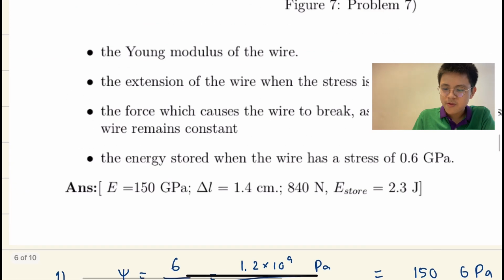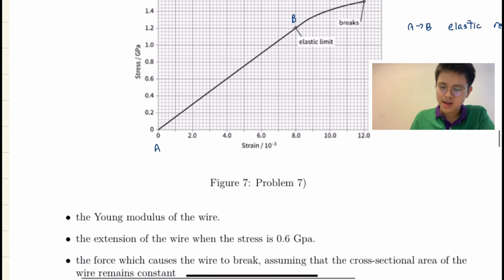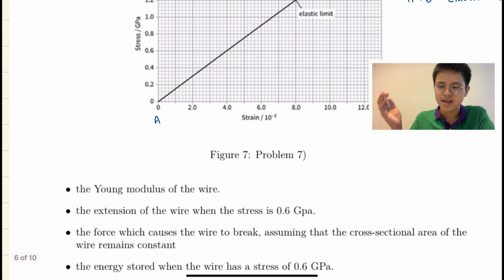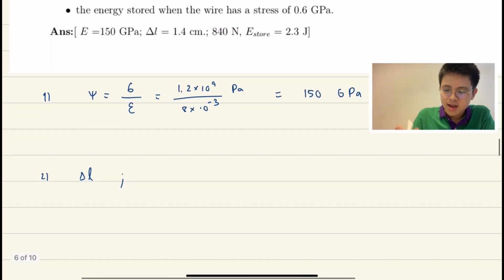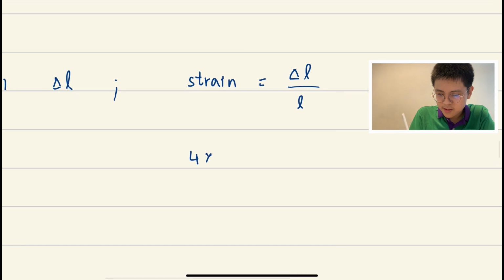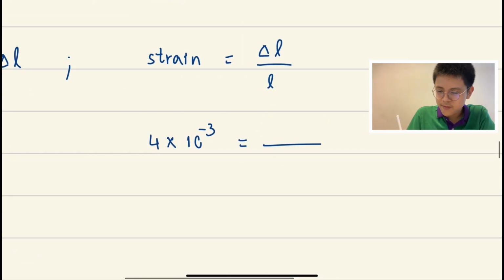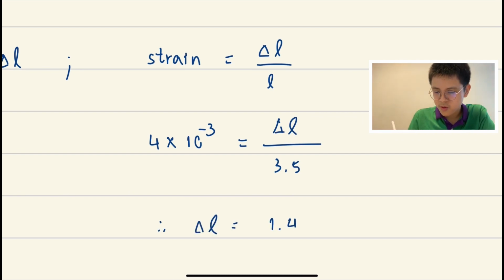Number 2, they want to find the extension, so they want to find delta L. When the stress is 0.6 gigapascal, the strain is 4 times 10 to the power of negative 3. So the strain equals delta L over L, 4 times 10 to the power of negative 3 equals delta L over L, and L is equal to 3.5. Then we get delta L equal to 1.4 centimeter.